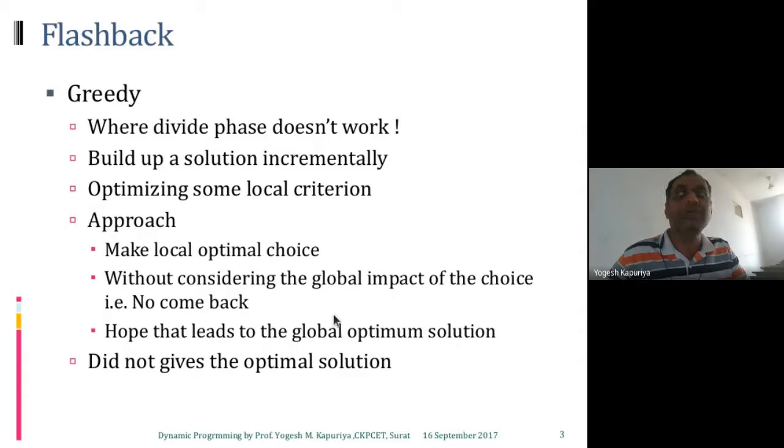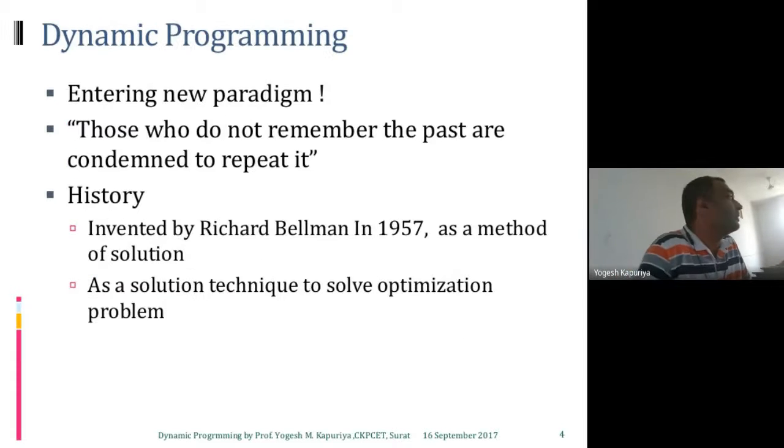Now basically both of these approaches are different, they are independent, and they are applicable to their own kind of problem statement. But dynamic programming is something different from both of these. So we are actually entering into a new paradigm. Now, the basic principle behind this is this quote: "Those who do not remember the past are condemned to repeat it."